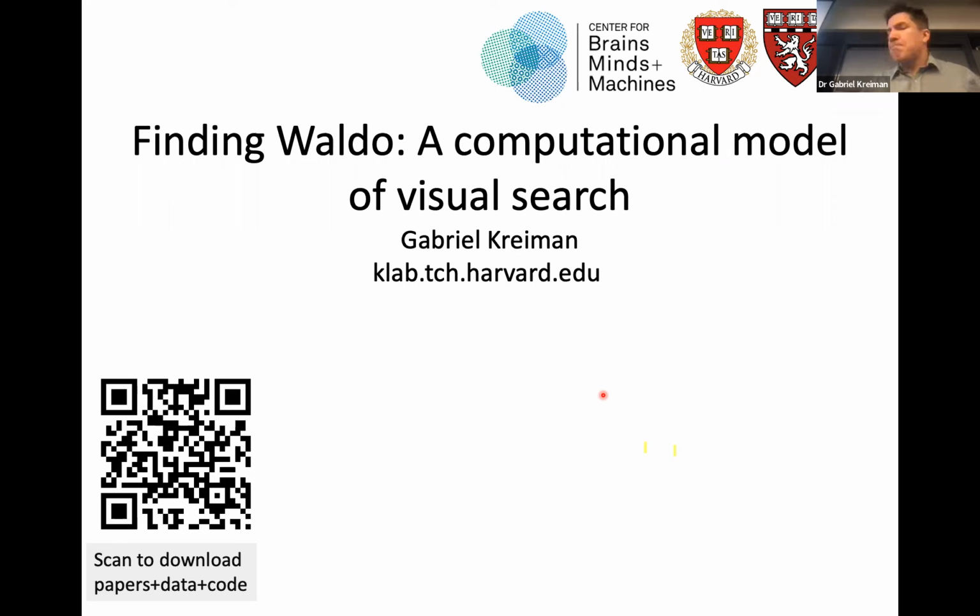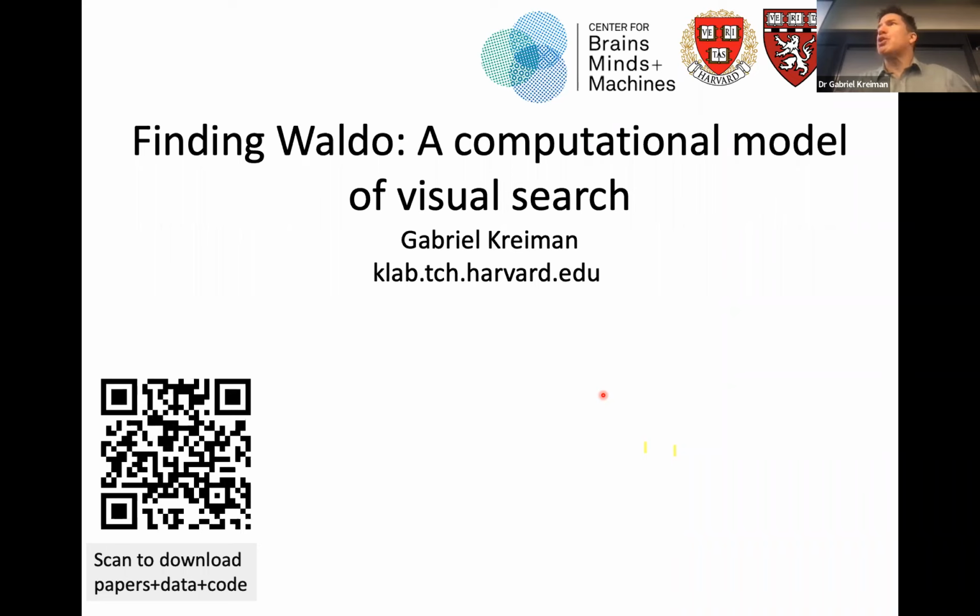Okay, so I'd like to get started with talking about visual search, and I chose this problem to discuss today because I think it illustrates a lot of potential aspects of the dialogue between neuroscience and artificial intelligence. So I'll talk about what happens when we search for things.